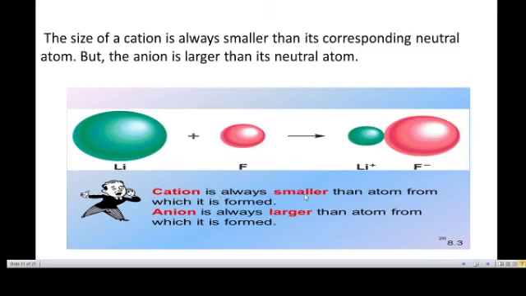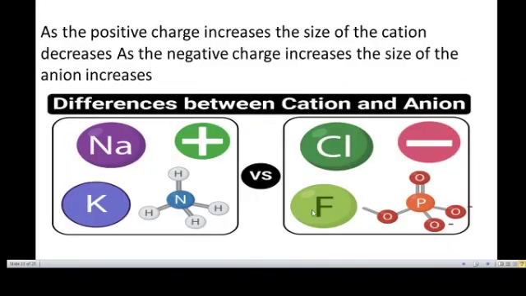A cation is always smaller than the atom from which it is formed, and an anion is always larger than the atom from which it is formed. As the positive charge increases, the size of the cation decreases. As the negative charge increases, the size of the anion increases.